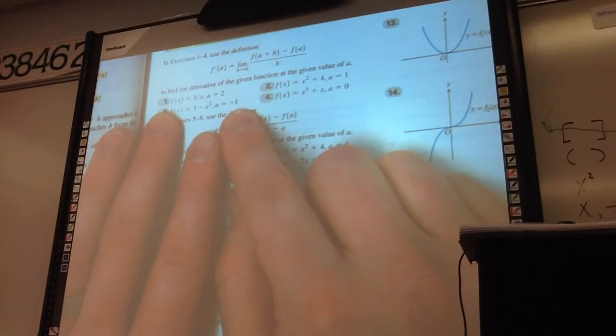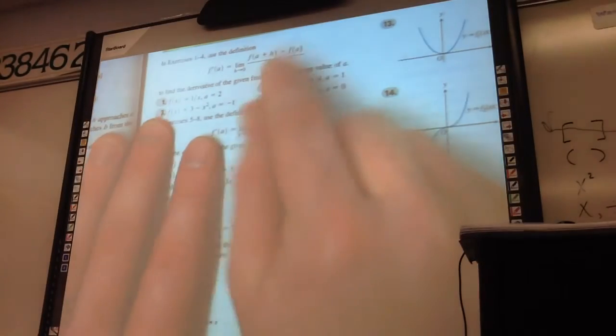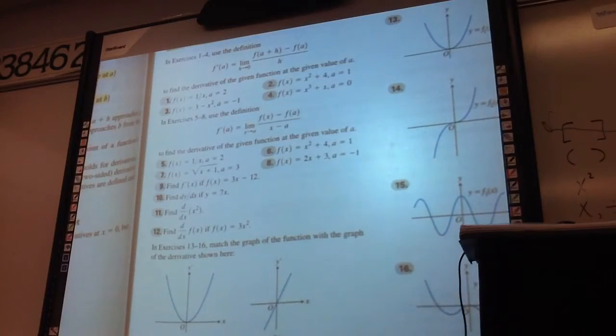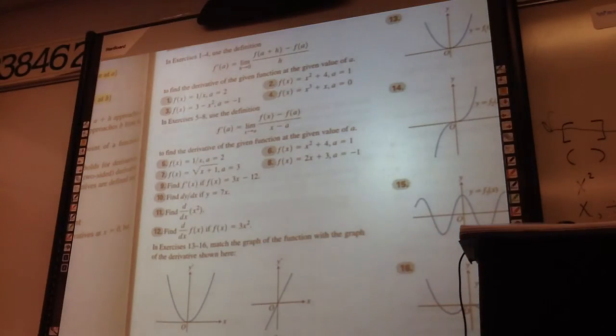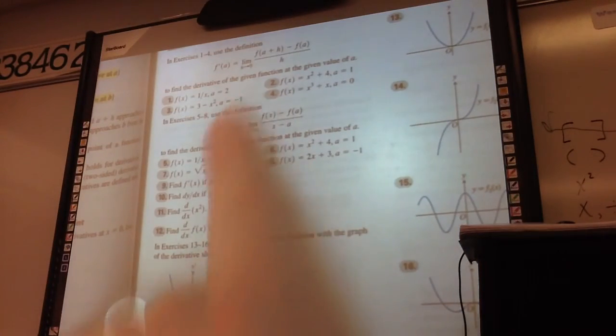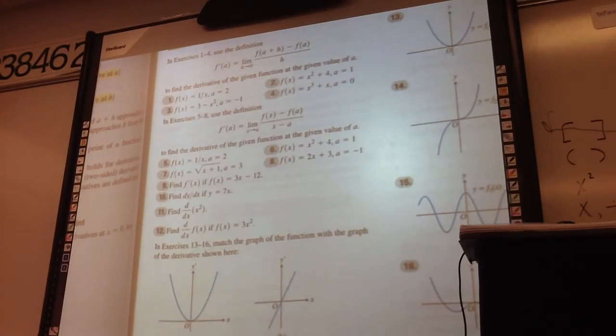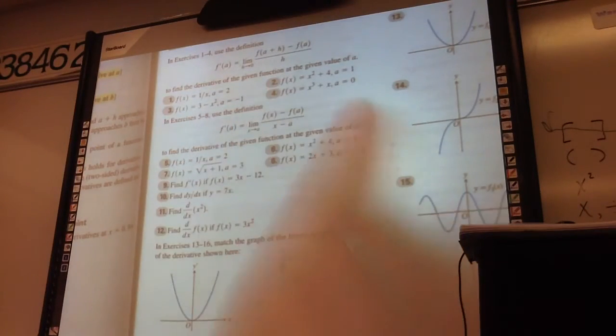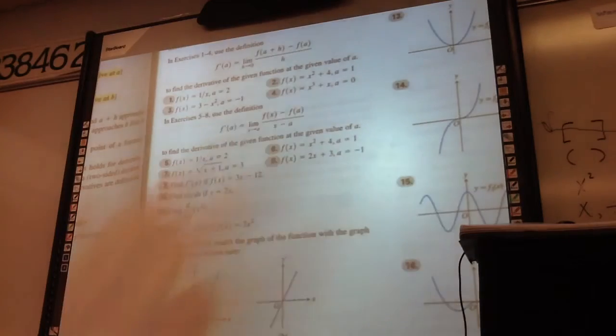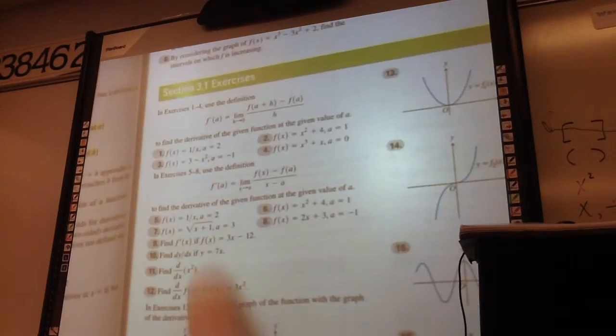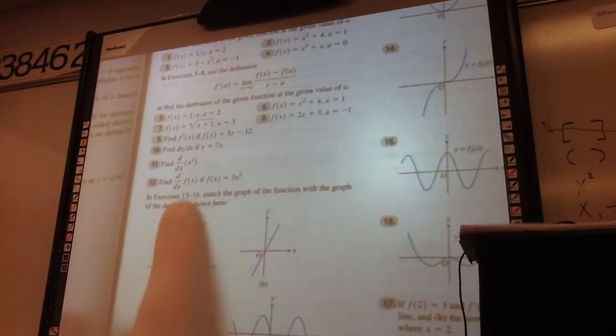Use change in y over change in x and make up your own. That's the one we usually did. These are all the same thing. 3, 4, 6, 7, 12. These are all pretty easy. Well, the hardest one's 12.